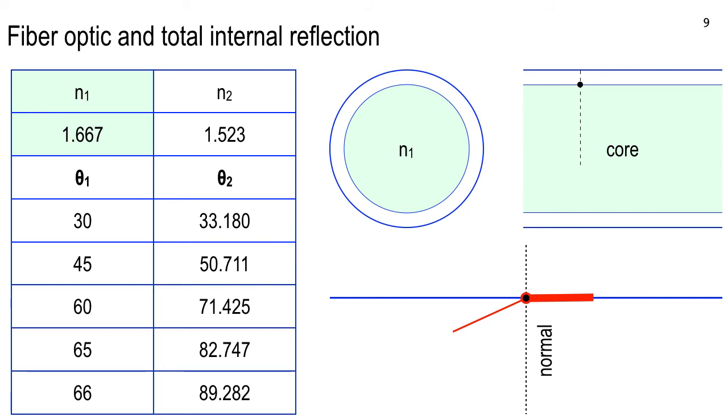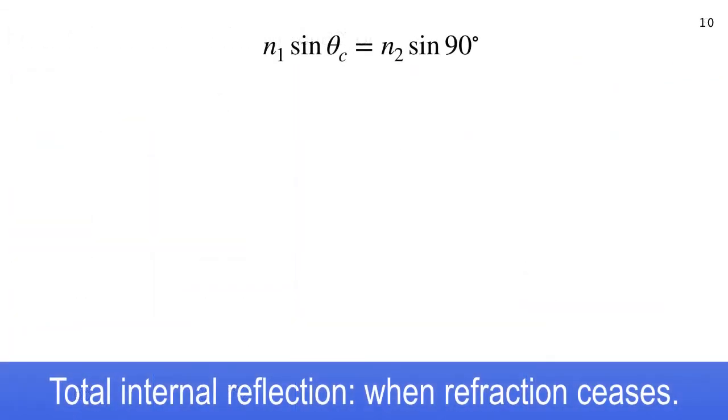All right. Now how do you find out the critical angle? Well, what you do is you take Snell's law and you put 90 degrees into the sine. Okay? So it's N1 sine theta 1 equals N2 sine theta 2. All right, make theta 2 your outgoing angle, make that 90.